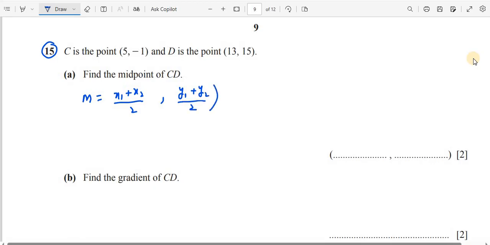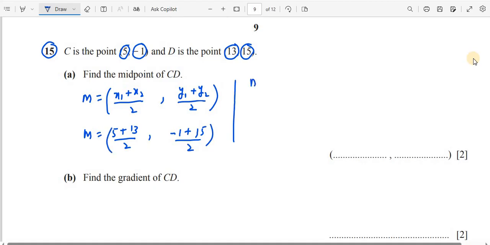This is the formula to find the midpoint. So m is equal to x1 is 5 plus x2 is 13 over 2, y1 is minus 1 plus y2 is 15 over 2.